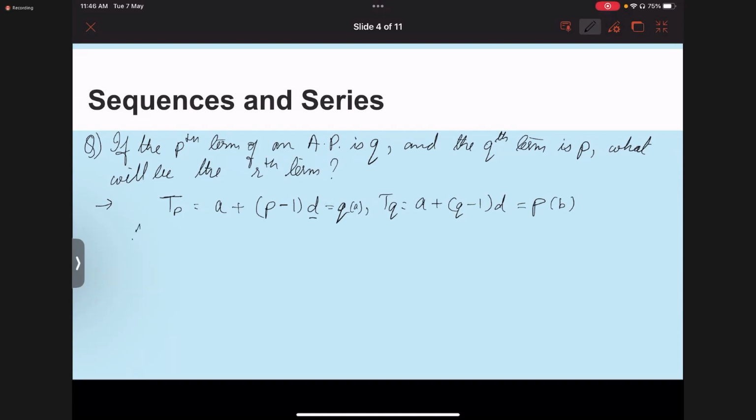So from A and B, we get d is equal to minus of p minus q by p minus q, which is equal to minus 1.